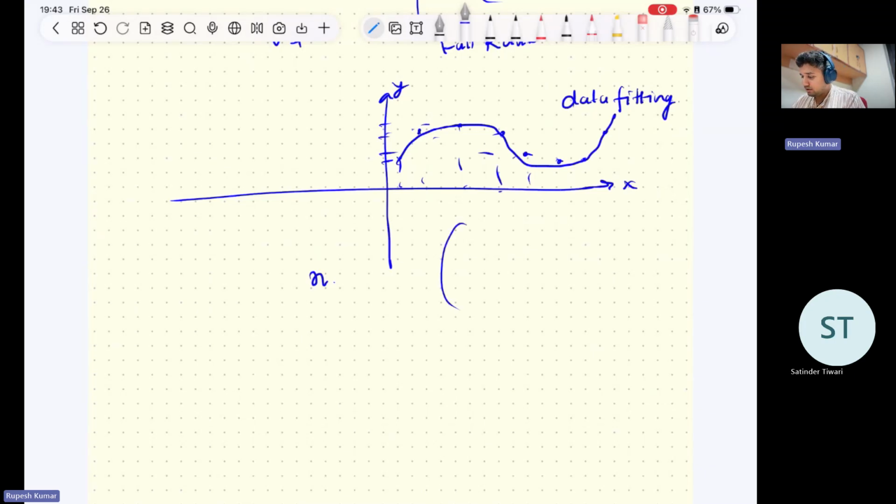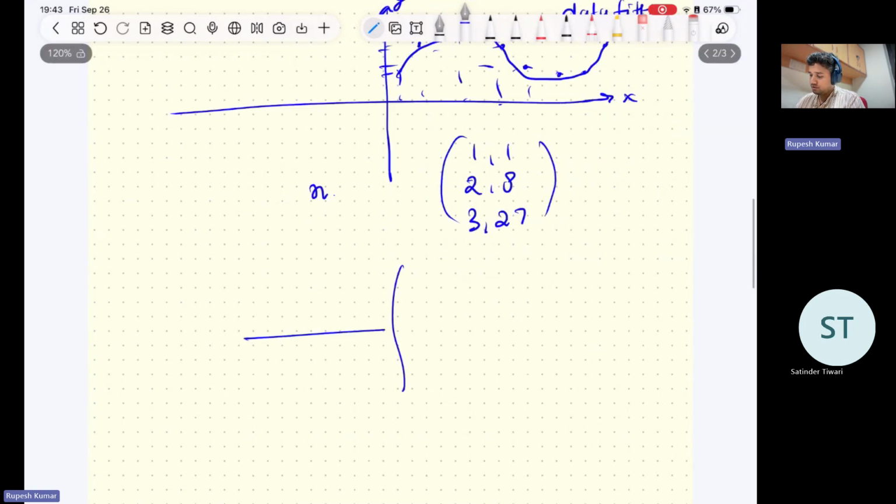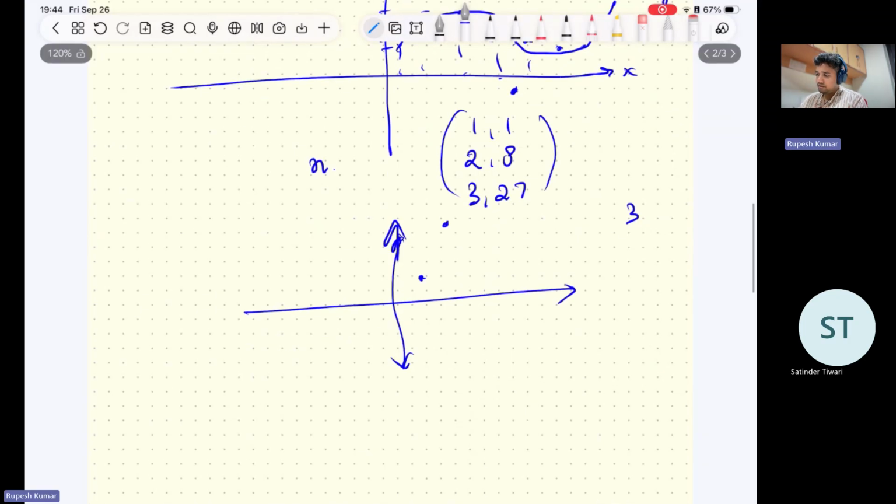Let's say the points are 1 comma 1, then 2 comma 8, and then 3 comma 27. Can you find a polynomial curve of degree 3 that passes through these points?